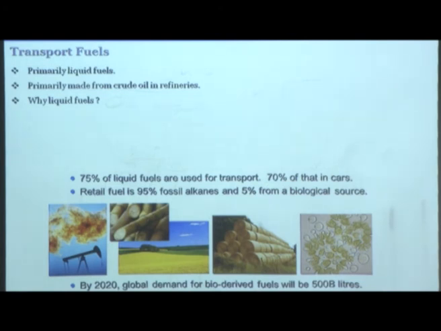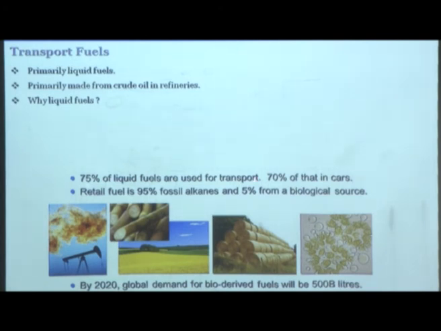Can you tell me? The only thing which has more energy than fuels is nuclear fuel. Other than that, there is nothing which contains more energy. Okay? So that's why the fuels in future are going to be liquid fuels.